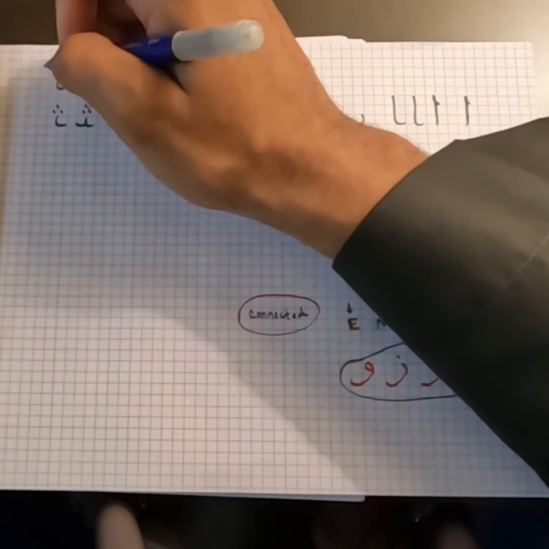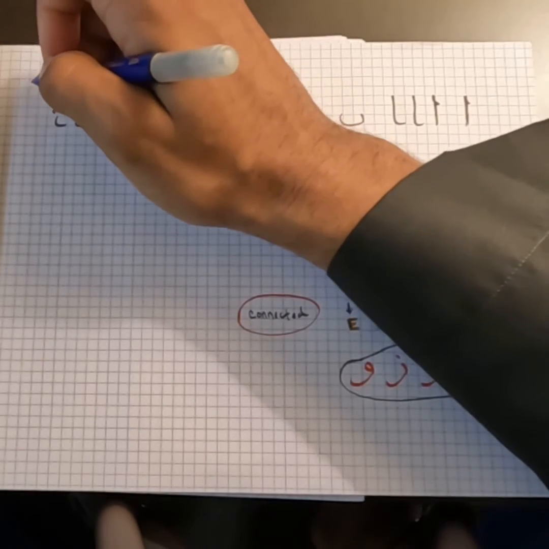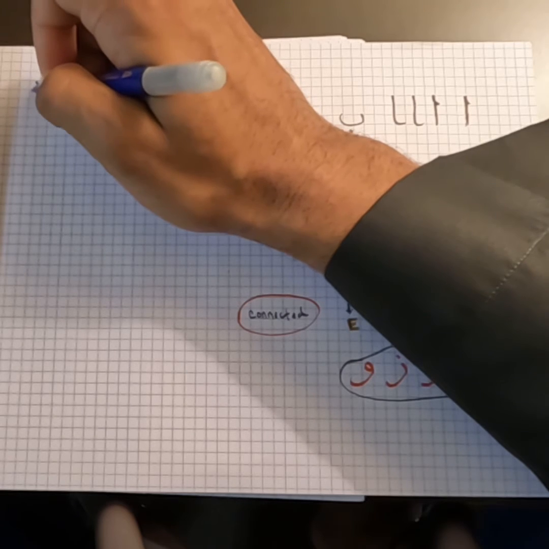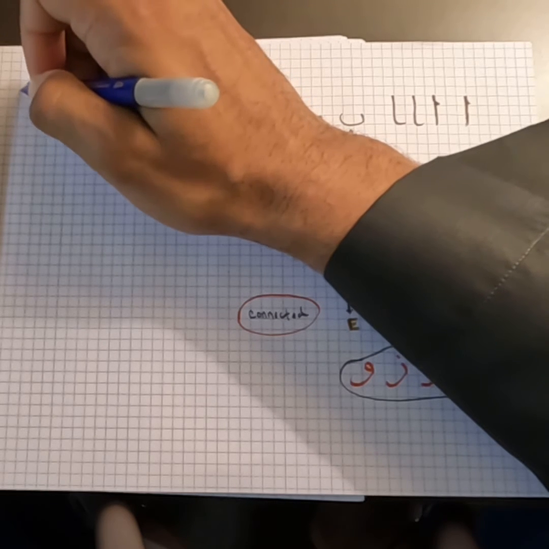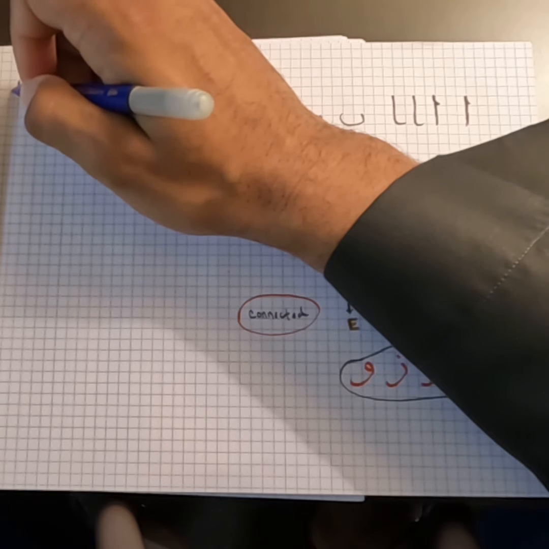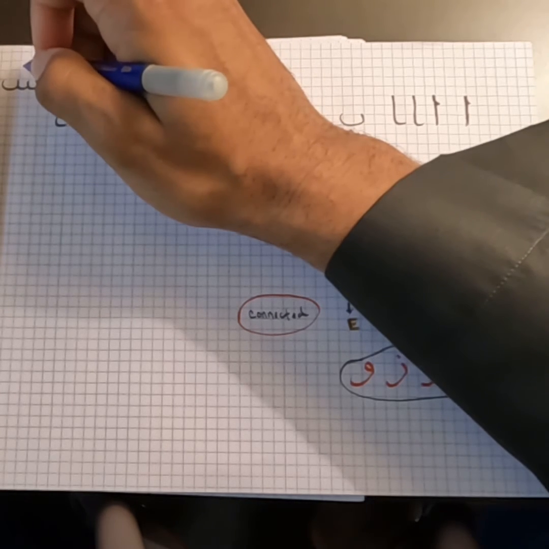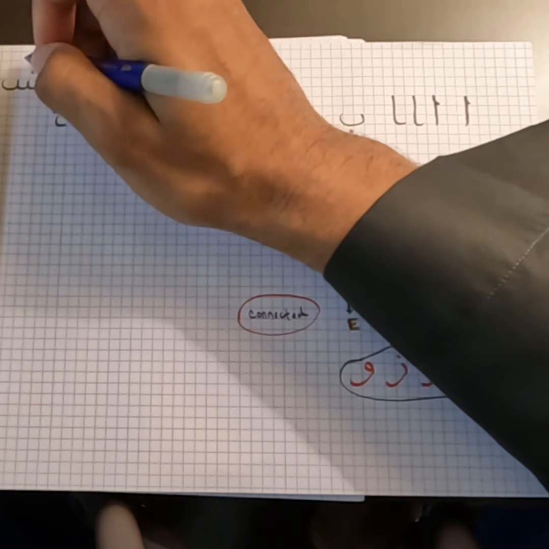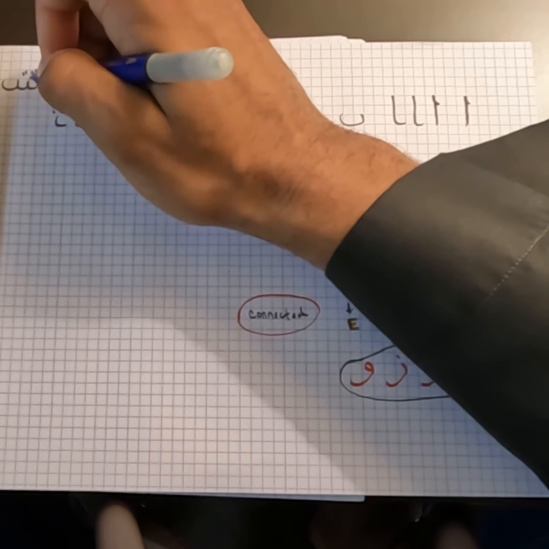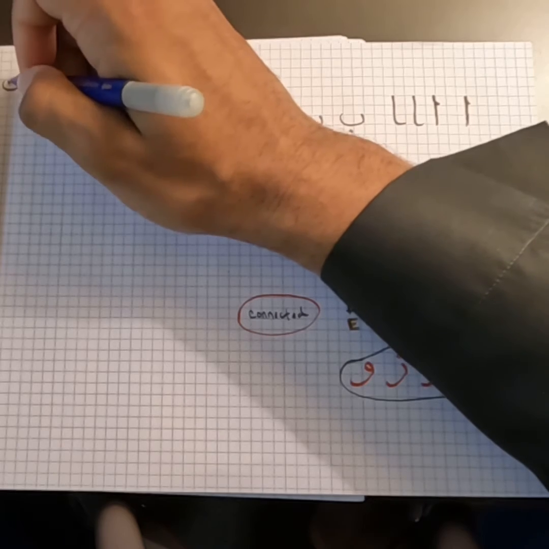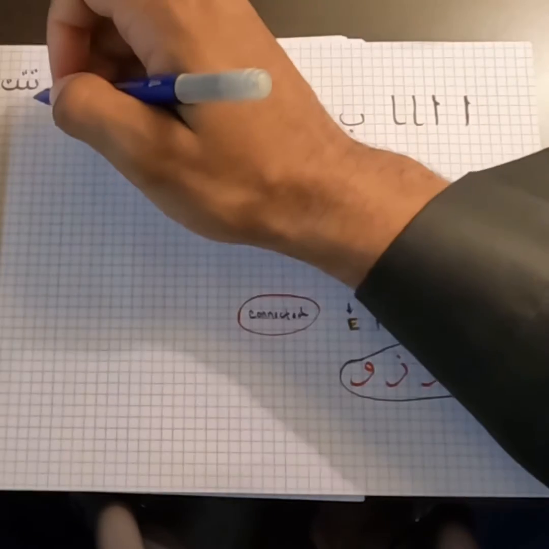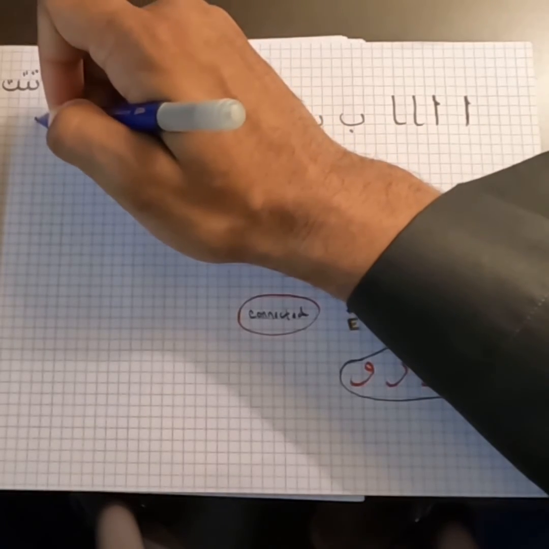And once we go to connect them, we have tha, tha, tha, right? Ta, ta, ta. So this is ta. This is a ta here in the middle. This is a ta here on the end. Likewise with tha.